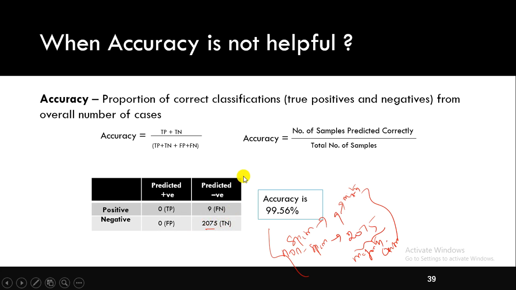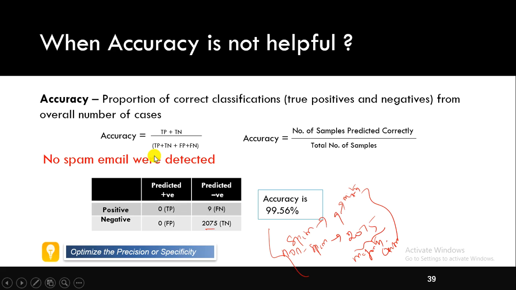Hence, do not use accuracy if the data is imbalanced. Using accuracy as a defining metric for the model does make sense intuitively, but more often than not, it is advisable to use precision and recall too. In the case of an imbalanced data set, accuracy doesn't make any sense.